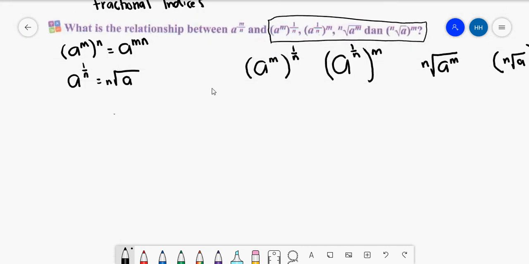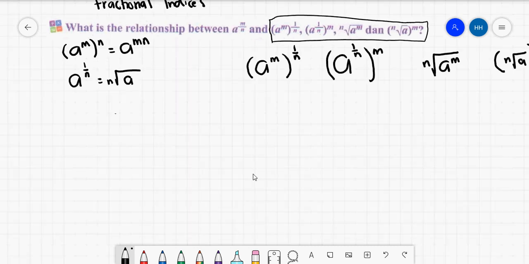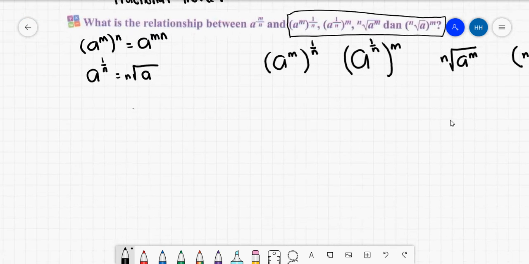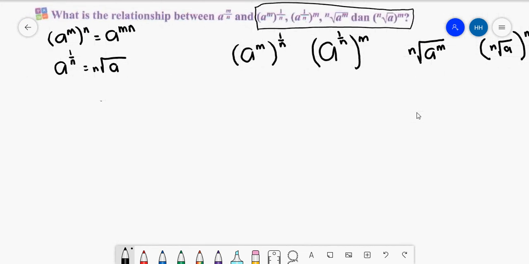Using these 2 laws that you already learned, we check whether it is true that a to the power of m over n is equivalent to all these 4 forms. So we use a to the power of m over n.